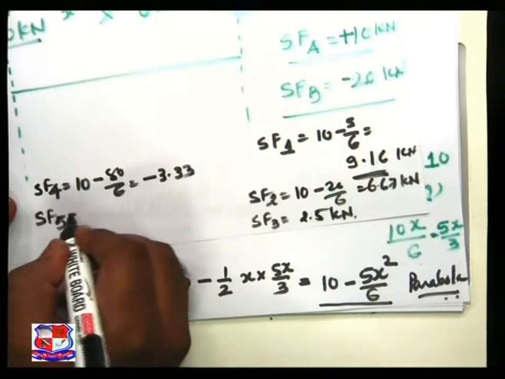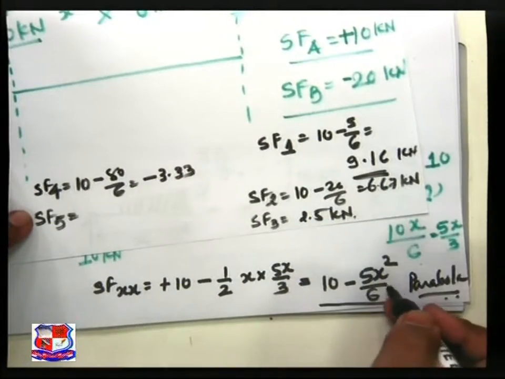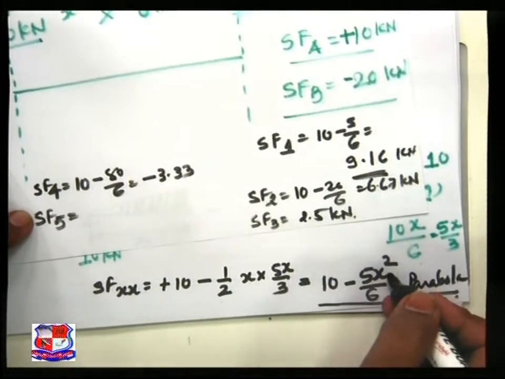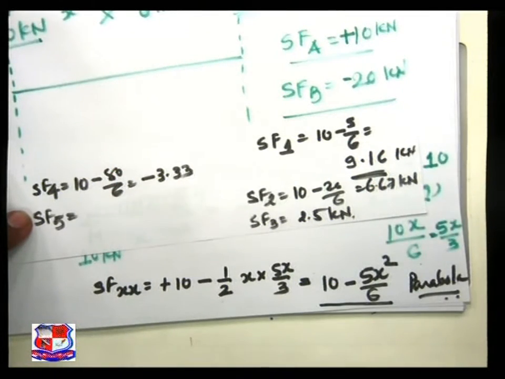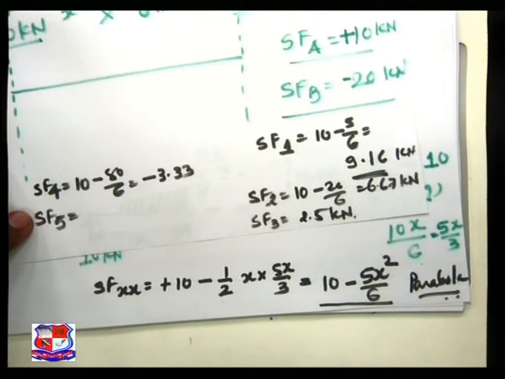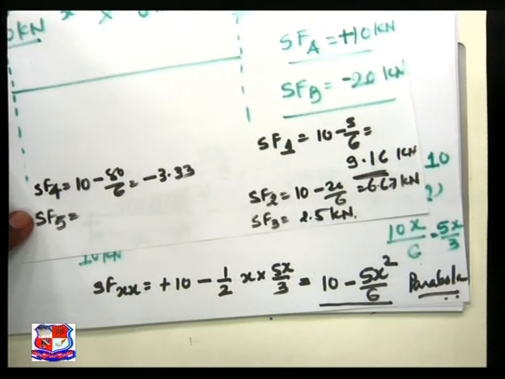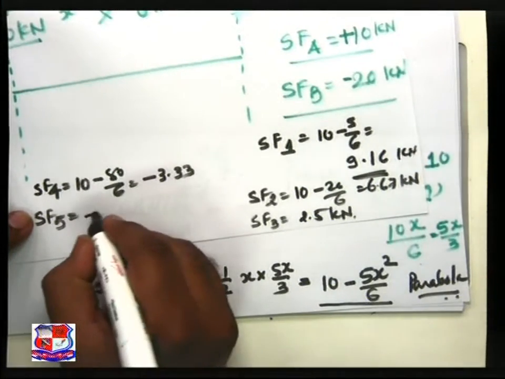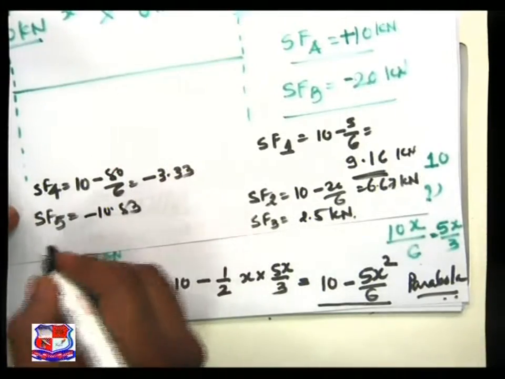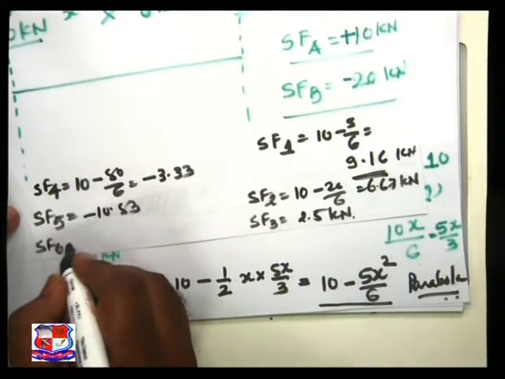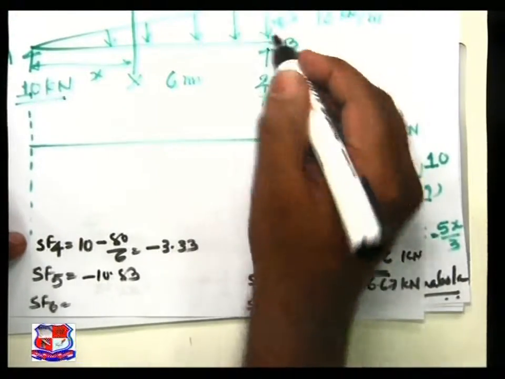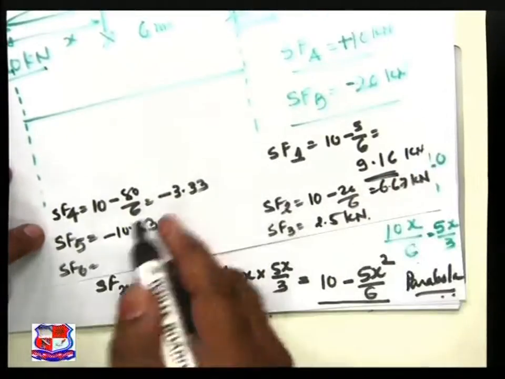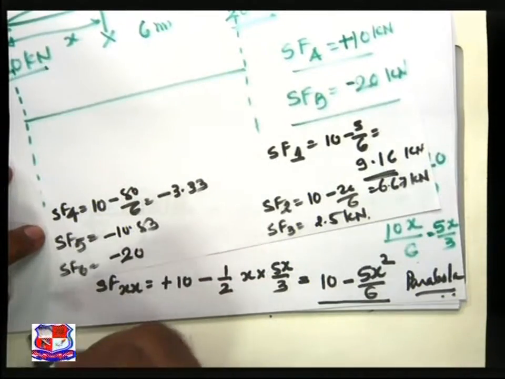SF at 5 meter: square 25 into 5 125 by 6. So 10 minus 125 by 6 gives us the value minus 10.83. And at 6 meter, that is at B, we will achieve minus 20.